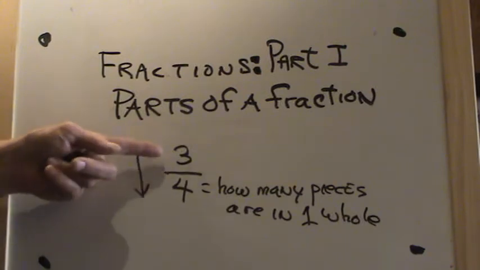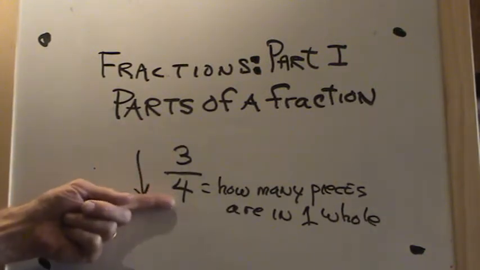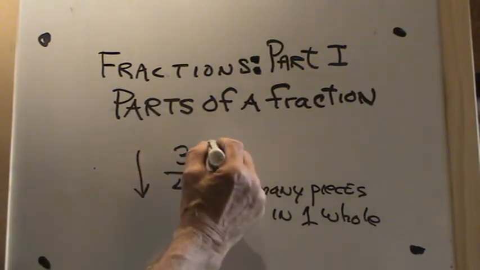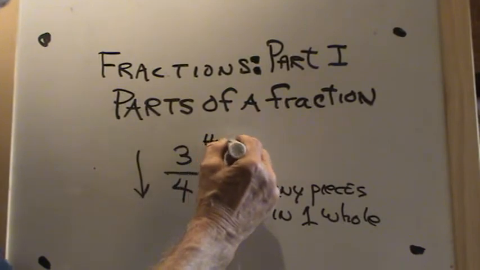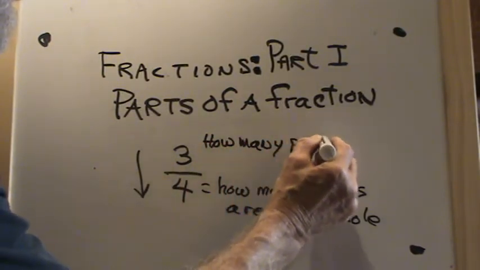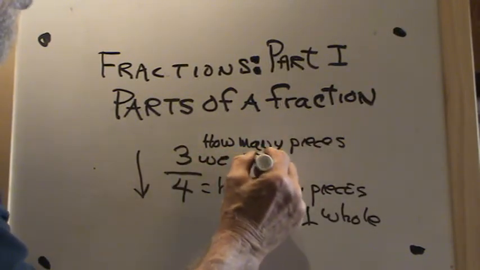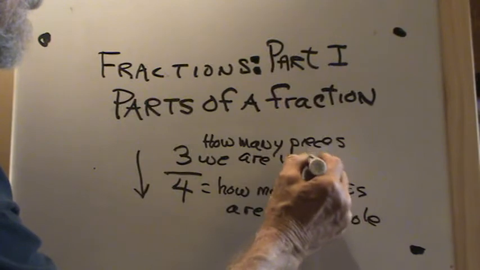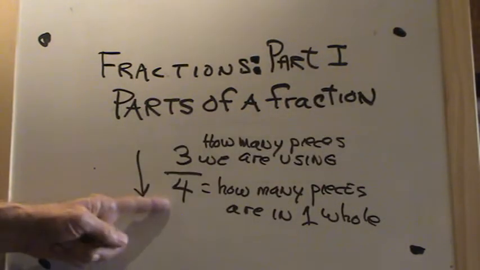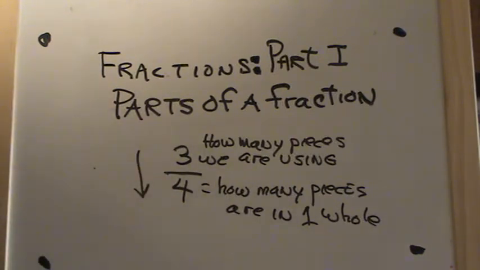So in the fraction 3/4, there are 4 pieces in one whole. The top part tells us how many pieces we are using. Bottom part tells us how many pieces are in the whole. Top part tells us how many pieces we are using.